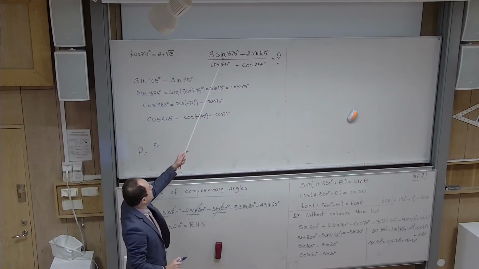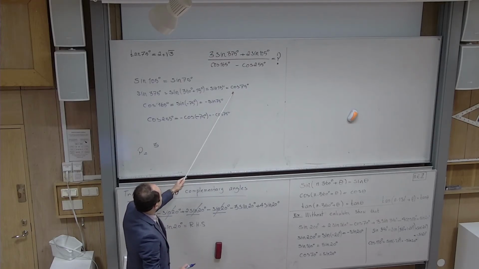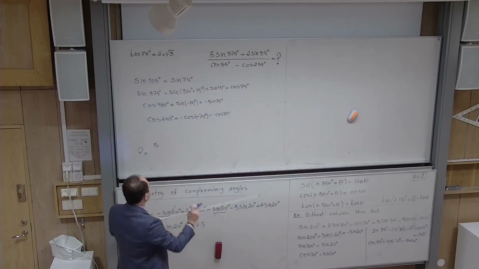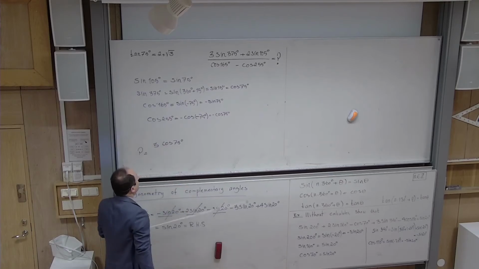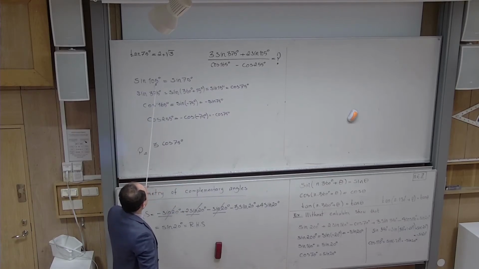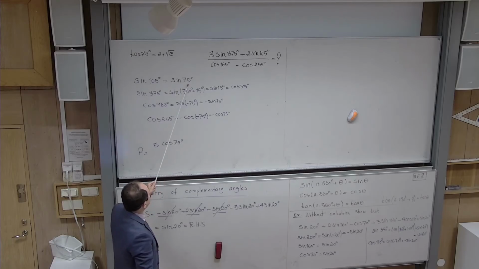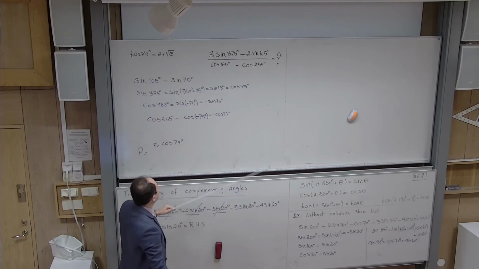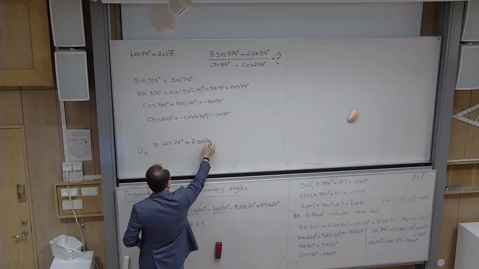Instead of sine 375 degrees, I can write cosine of 75 degrees. So it becomes 3 cosine 75 degrees. But now instead of sine of 105, I can write sine of 75 degrees. There is also a factor of 2. So it becomes 2 sine 75 degrees.